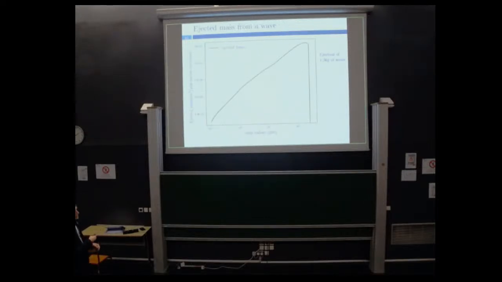From this number of ejected droplets, we can compute the ejected mass. And as you can see here, despite having a lot of very small droplets at 1 micrometer, the droplets that dominate in the ejected mass are the biggest ones, around 0.1 millimeter of radius. And if you sum all the mass, we are ejecting 1.3 kilograms of water per cubic meter of breaking waves.